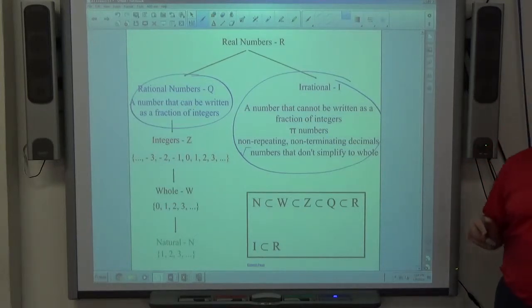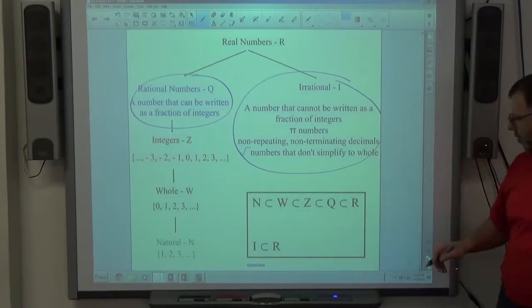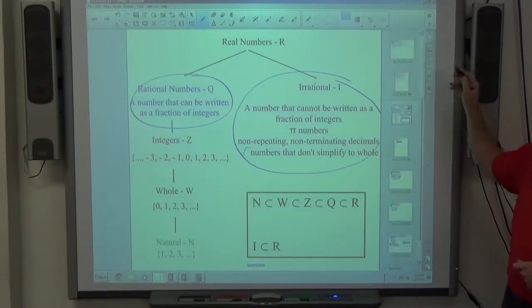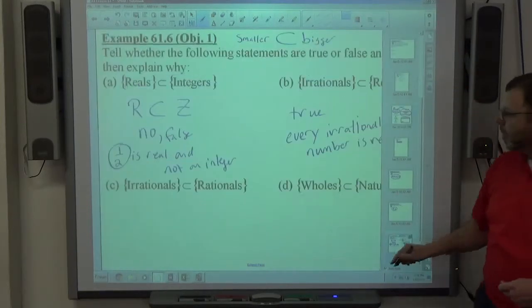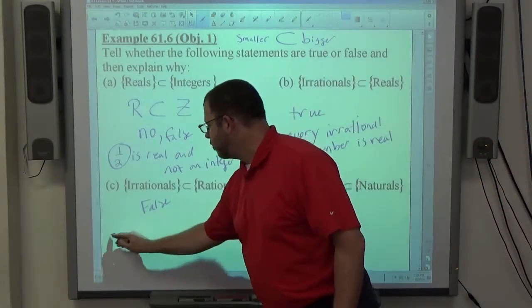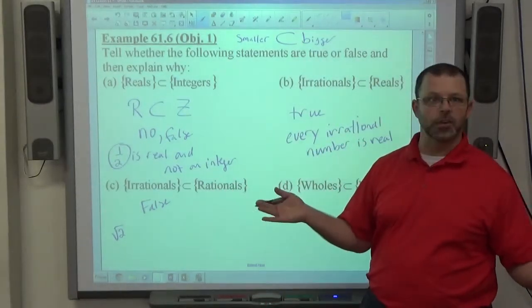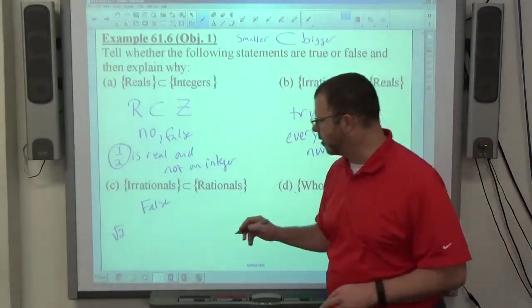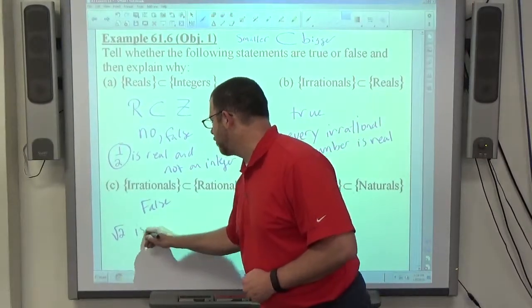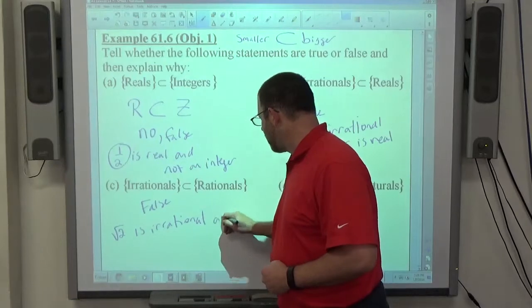But if you go 3.14, that's actually a terminating decimal, which is rational. So we have to go with pi or a square root number or something like that. So this is going to be false. The square root of 2, and the square root of anything that isn't a perfect square is irrational. It doesn't evaluate to a nice pretty number. The square root of 2 is irrational and not rational.